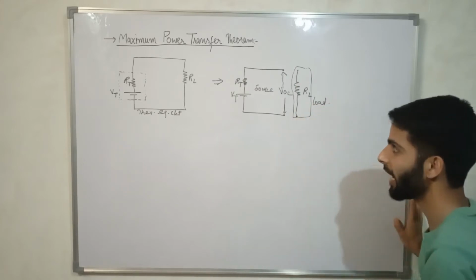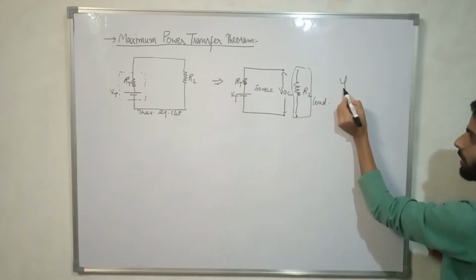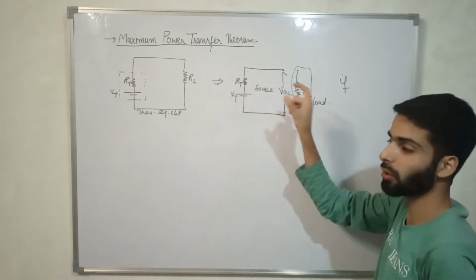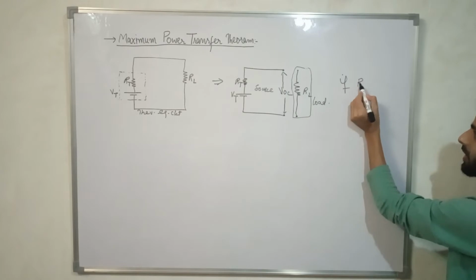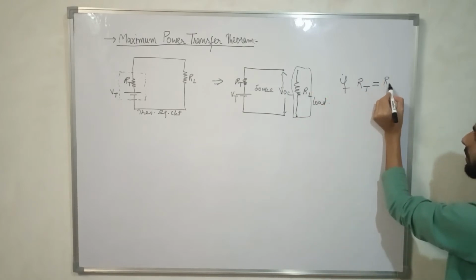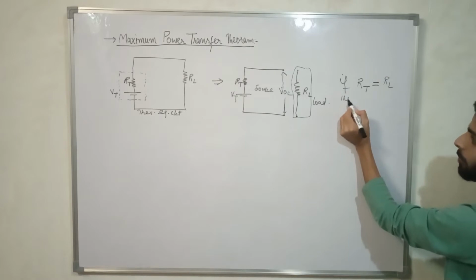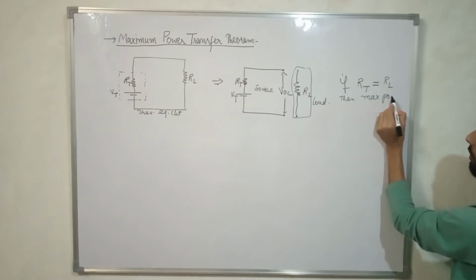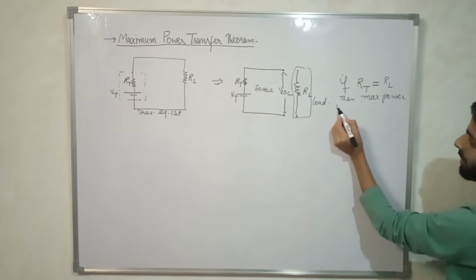It indicates that if Thevenin's resistance, or the internal resistance of the source Rt, is equal to load resistance, then maximum power will be transferred.